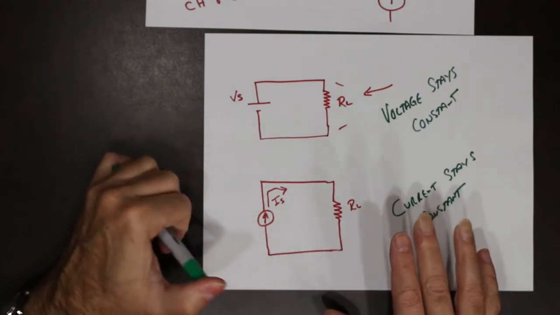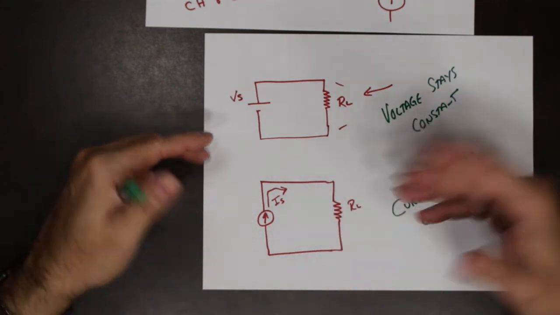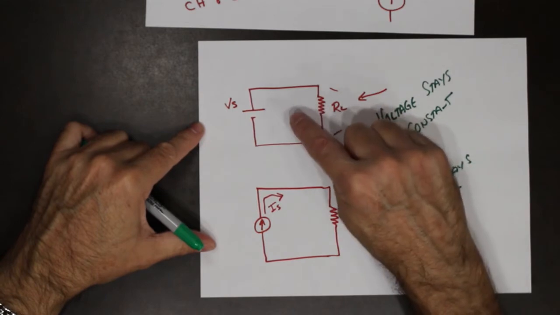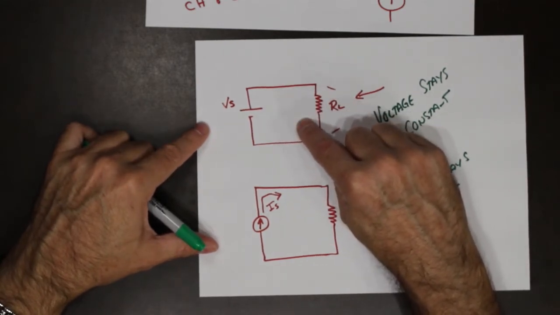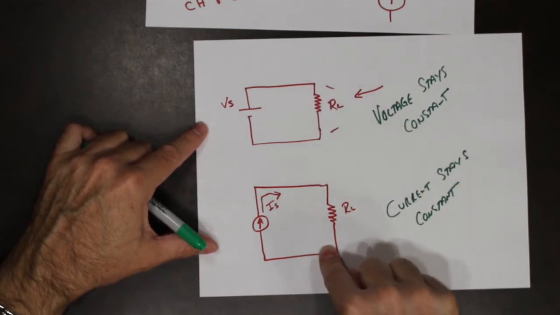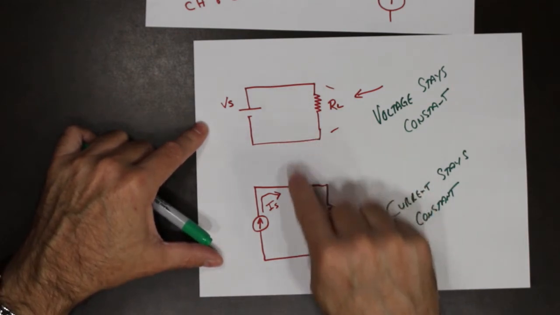Two different ways of representing an energy supply, if you will, in electronics. The voltage is much more common, but the current supply does exist in certain circuits. So it's important that we know both.